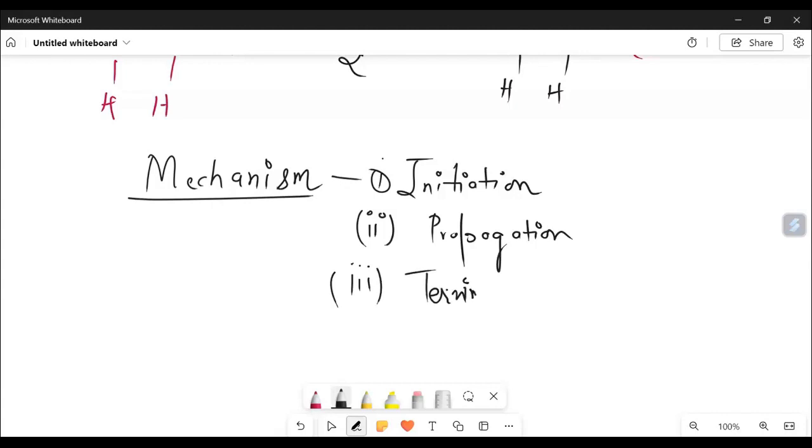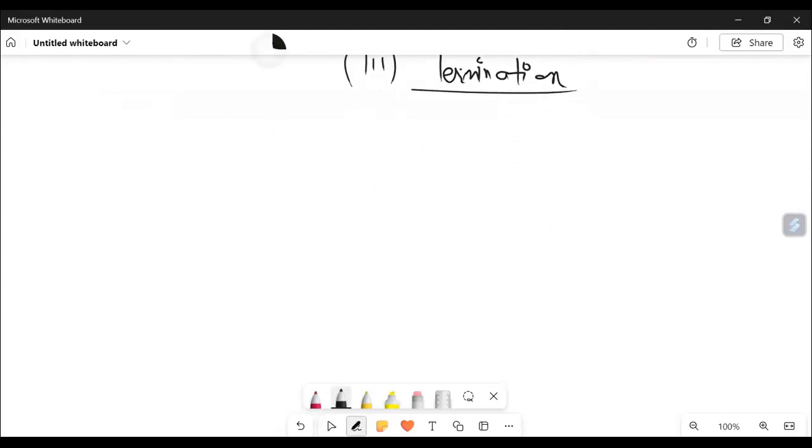So this mechanism of free radical substitution takes place in 3 parts, and we are going to discuss them one by one. First, let's discuss initiation.